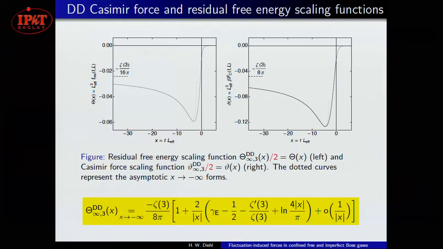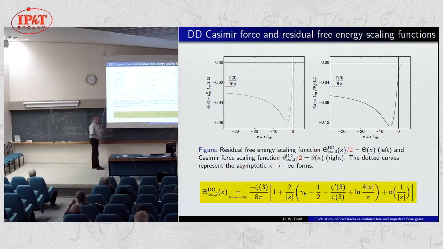Note first that the scaling function now is qualitatively different from the case of periodic boundary conditions because it goes up again. It has here the deep minimum and then goes up again. And this is qualitatively the same as what one saw in measurements of wetting layer for helium.